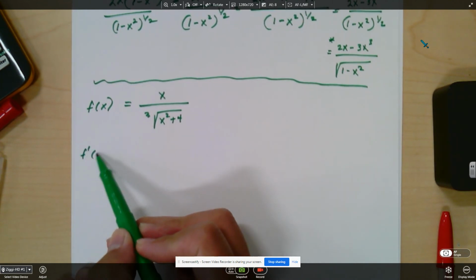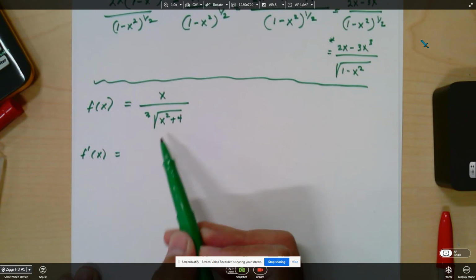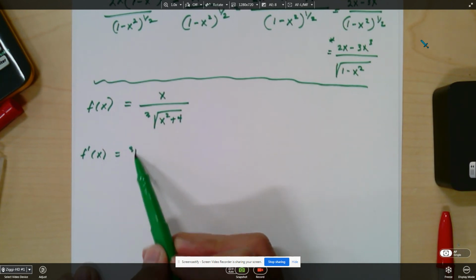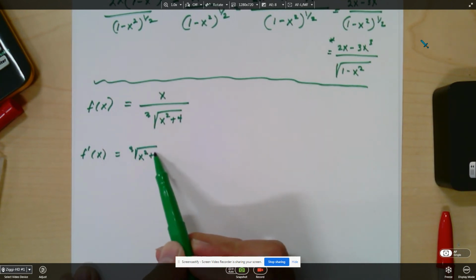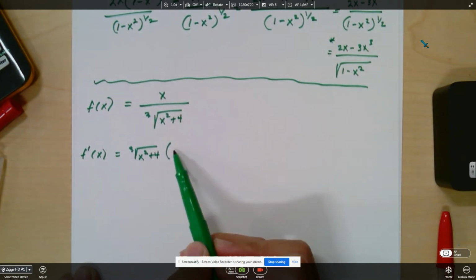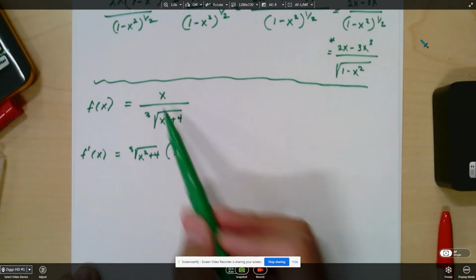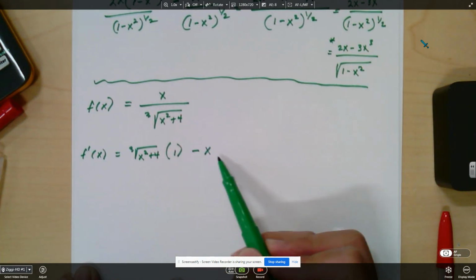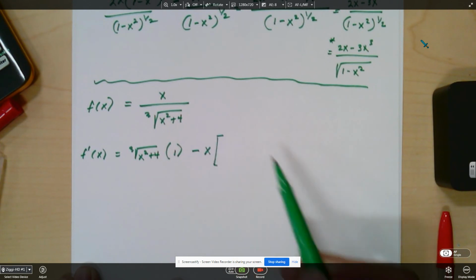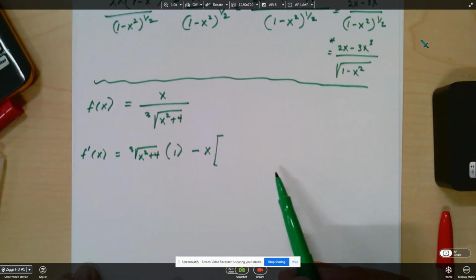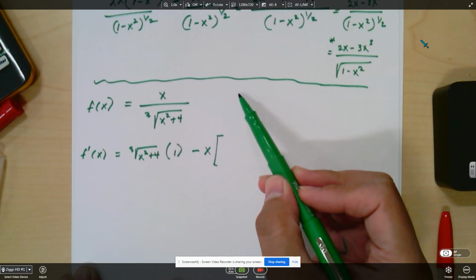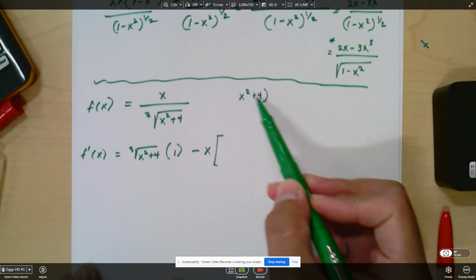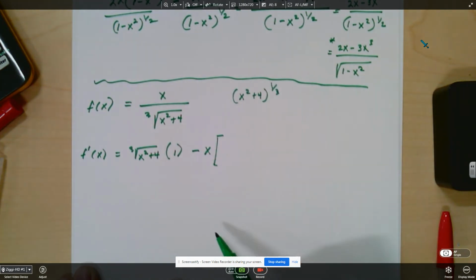So when you go to work this one, derivative: low, d high, derivative of x is 1, minus high d low, and here's the chain rule. So I might want to treat it like a 1/3 first.